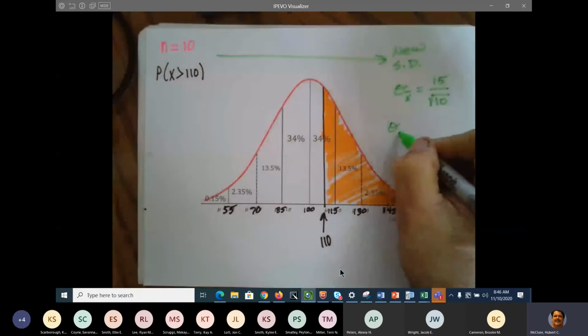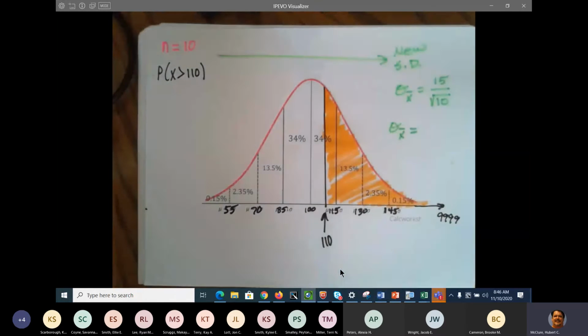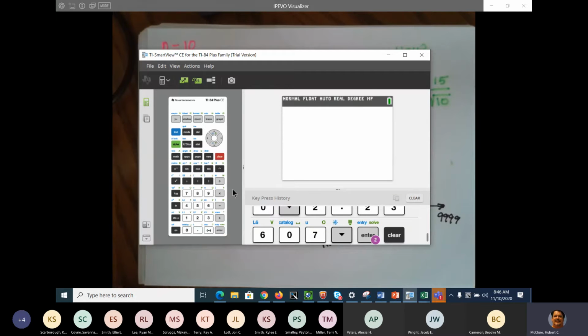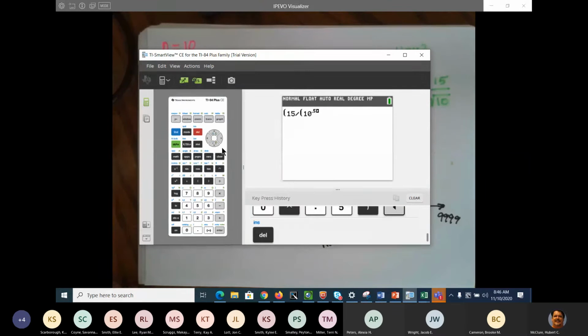I'll take my calculator: clear, 15 divided by parentheses, 10 raised to the 0.5 power, close bracket.